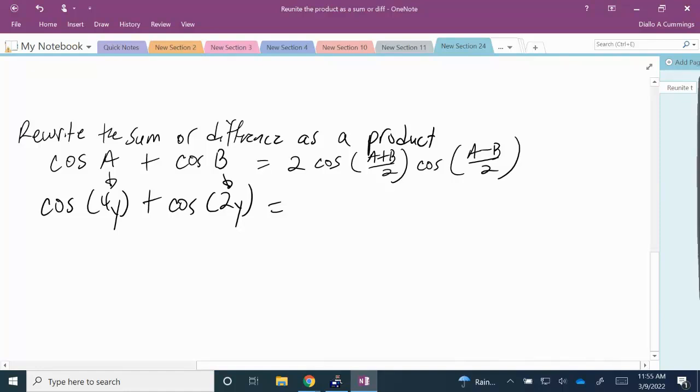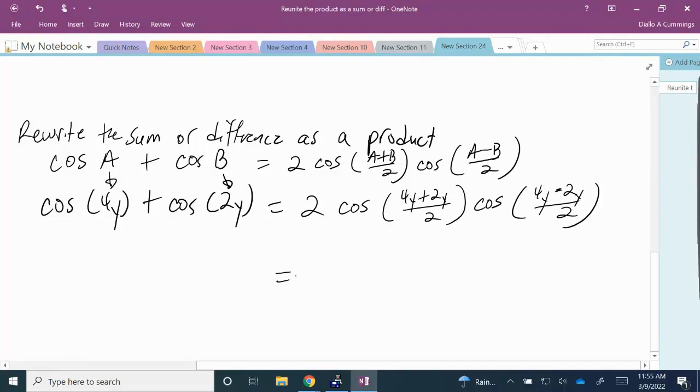All right, so substituting into the formula, we have 2 times the cosine of 4y plus 2y over 2 times the cosine of 4y minus 2y over 2.